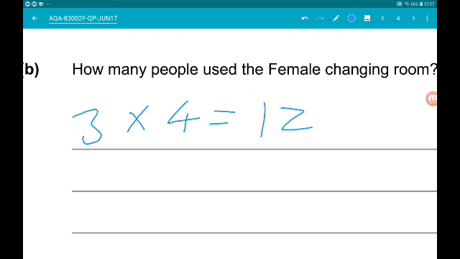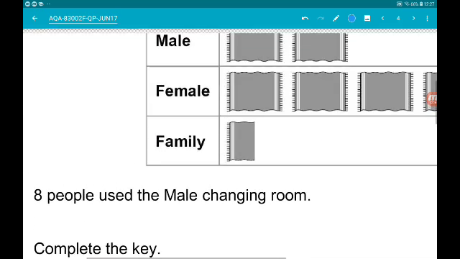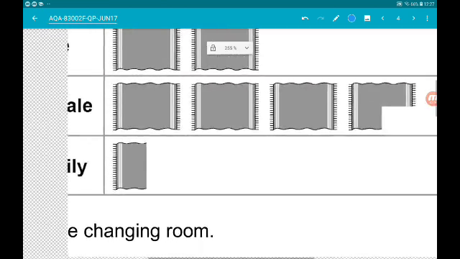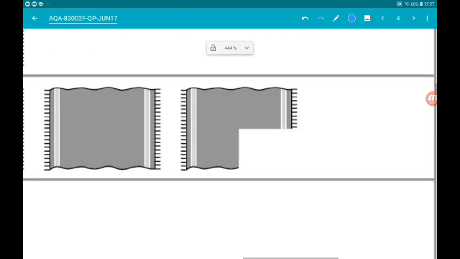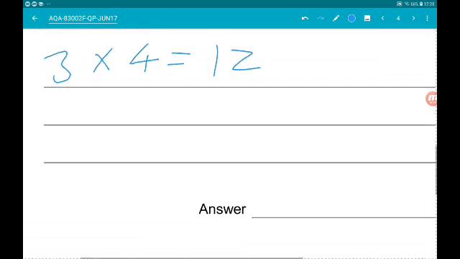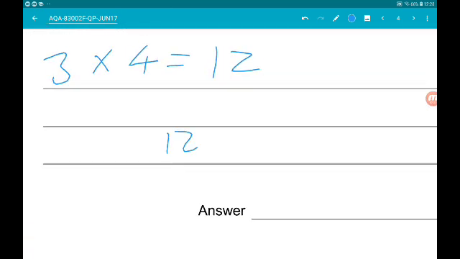Add, we've got 3/4 of a towel. So every quarter of a towel represents 1 person. So 12 add 3 is 15.